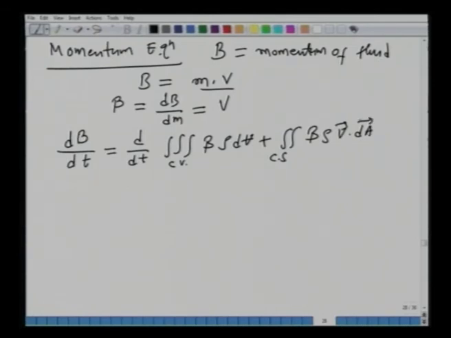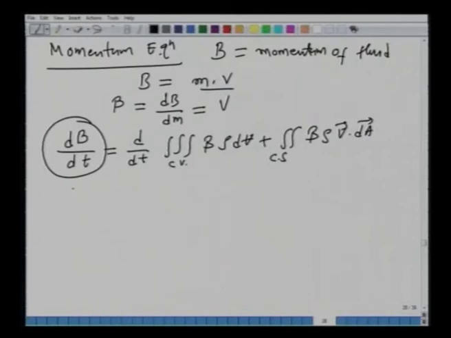Okay. Remember, in the continuity equation we said that dB by dt is equal to 0. What was that? That was the law of conservation of mass. So we write the left hand side using an external knowledge.